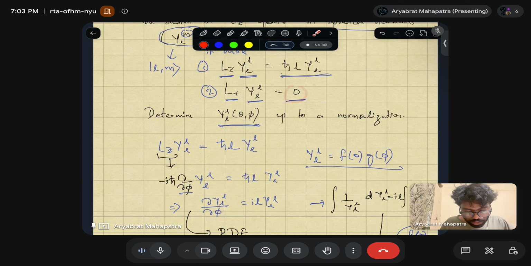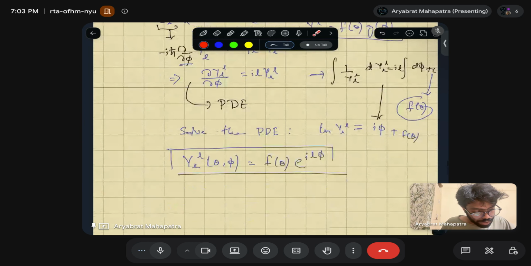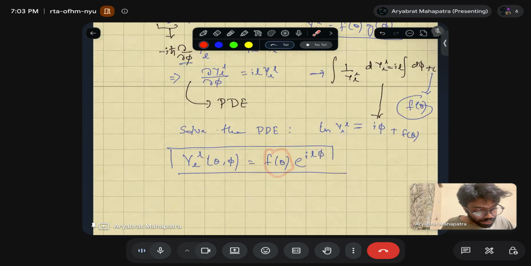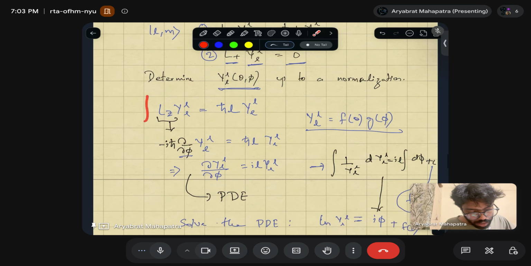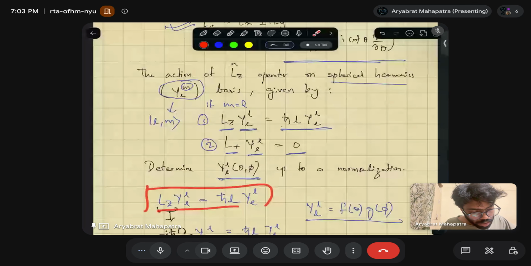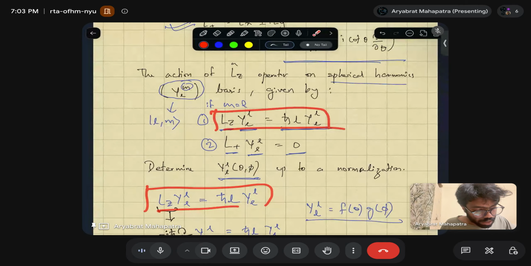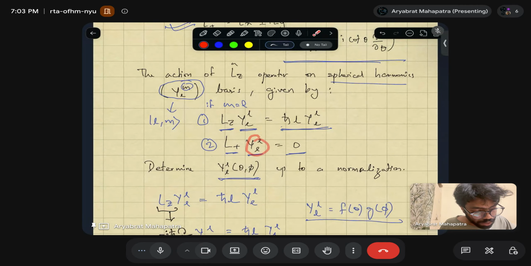That will tell us exactly the form of f of theta. Right now we have found the exact dependency on phi, which we got from condition 1. The exact form of theta in this Y_l^l solution we will get from the second condition.